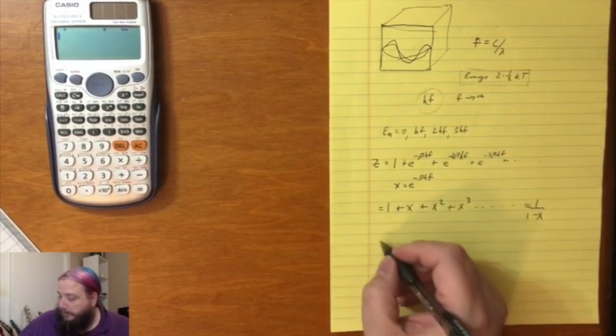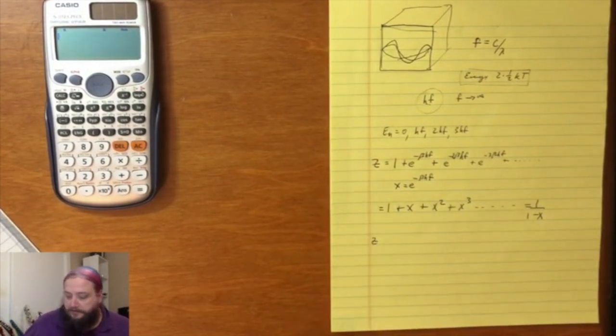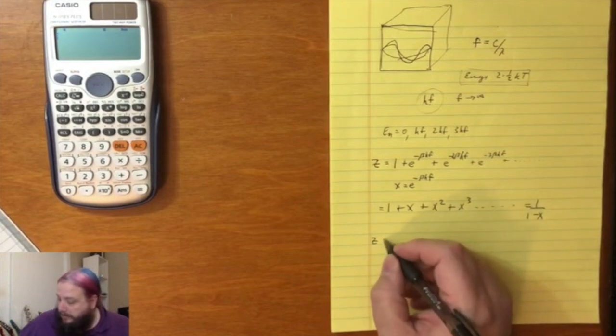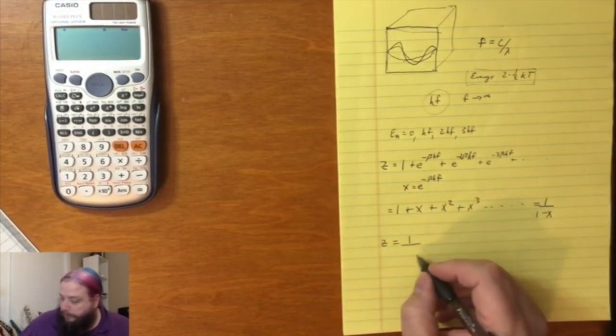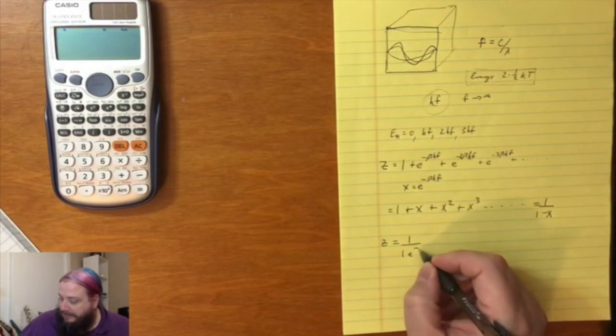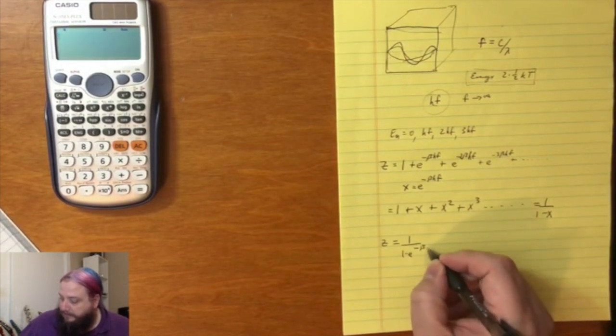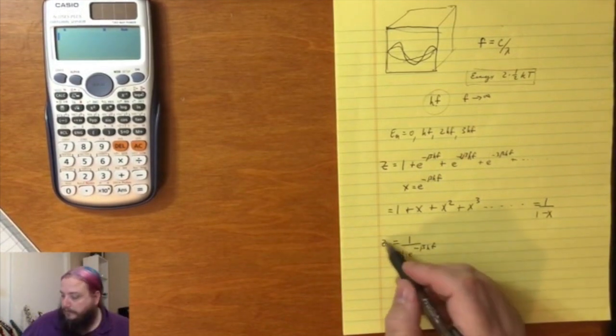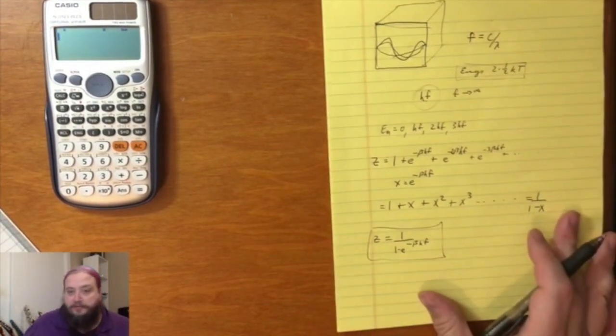And so our partition function then is just 1 over 1 minus e to the minus beta hf. So that's our partition function.